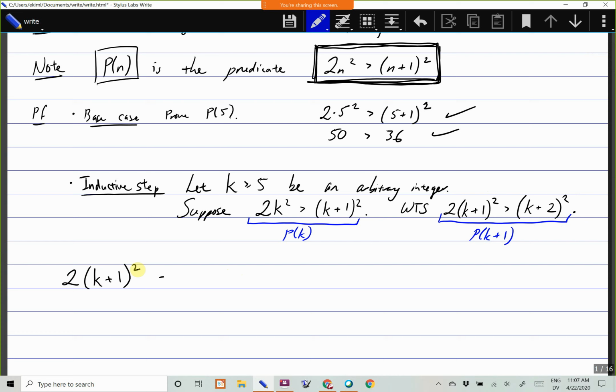We can expand out the (k plus 1) times (k plus 1) and have k squared plus 2k plus 1. And then distributing the 2, so 2k squared plus 4k plus 2. I'm trying to always look for an opportunity to use the inductive hypothesis.